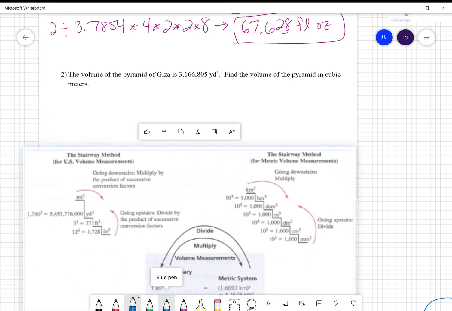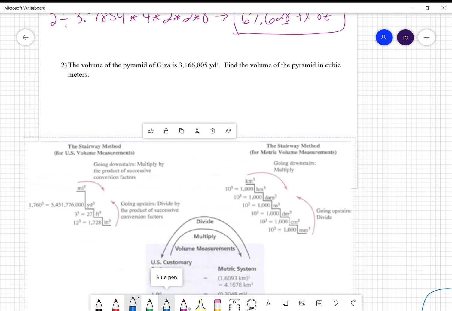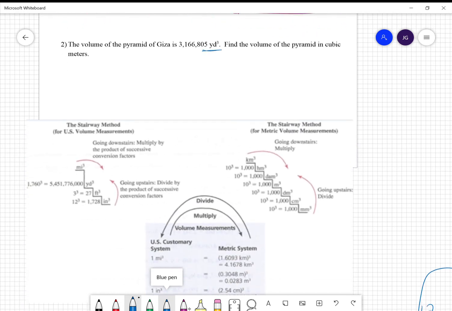The volume of the Pyramid of Giza is 3,166,805 cubic yards. Find the volume of the pyramid in cubic meters.